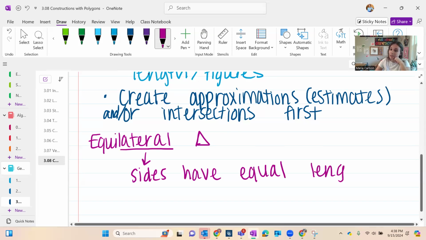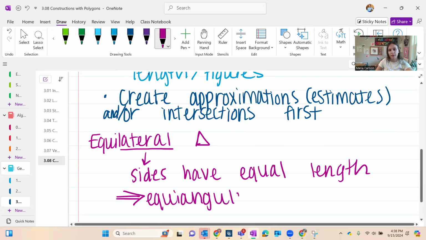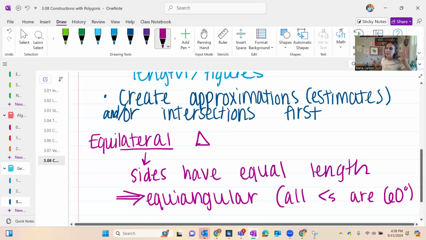In a triangle, this also means that it is equiangular. In a triangle, and only a triangle, if it is equiangular, all angles are 60 degrees, because the angles of a triangle add up to 180 degrees.